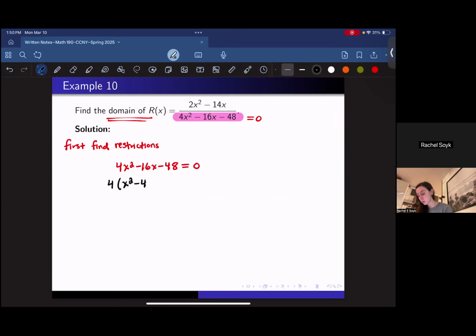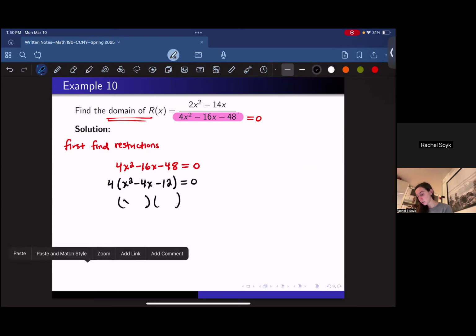And when we do, we're left with x squared minus 4x minus 12. And then we can factor this even further, factor pairs of negative 12 that add to negative 4 is simply negative 6 and positive 2.